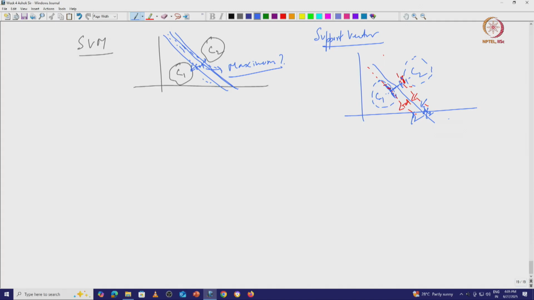A more technical name for SVM is training linear machines with margins. Training linear machines with margins.